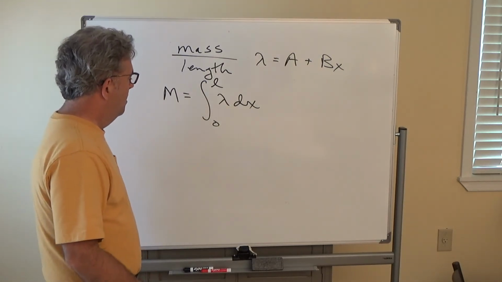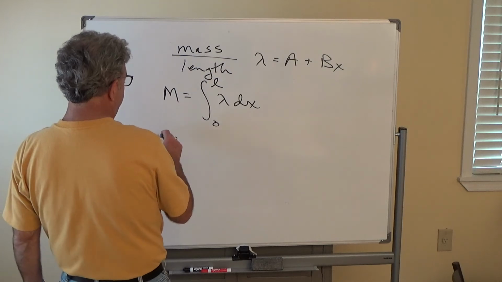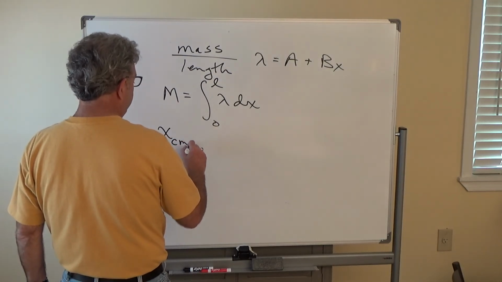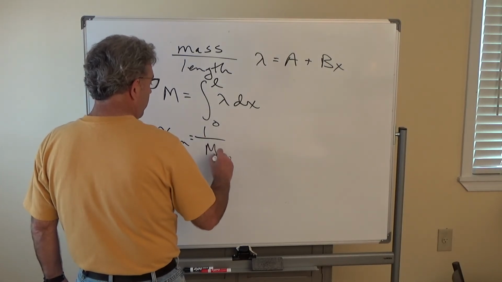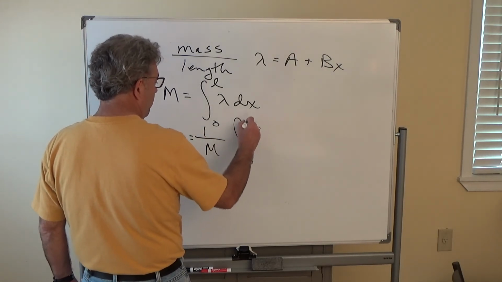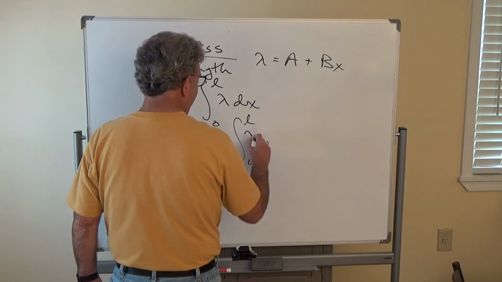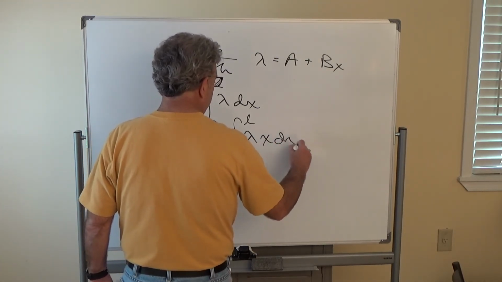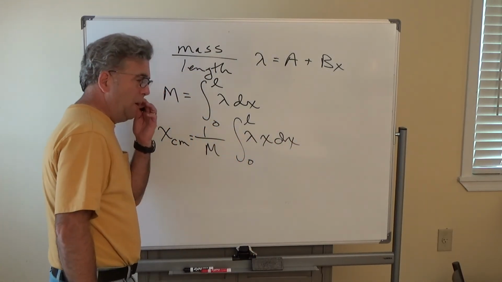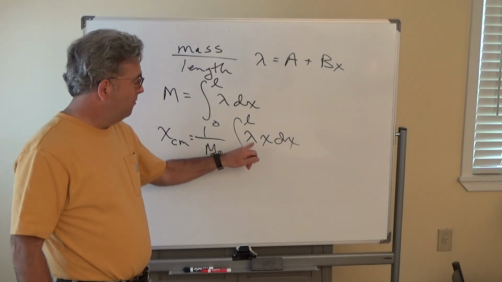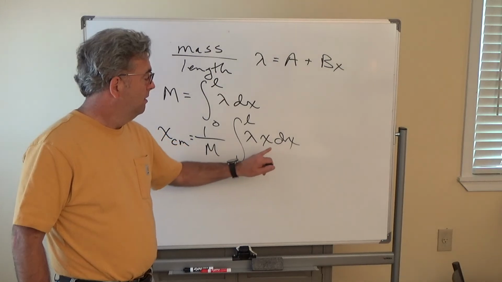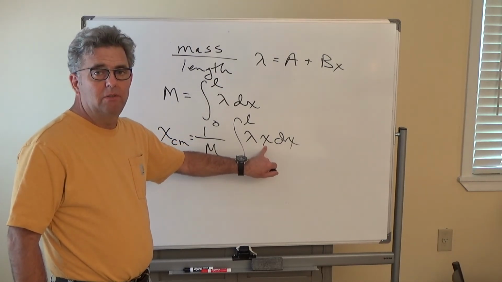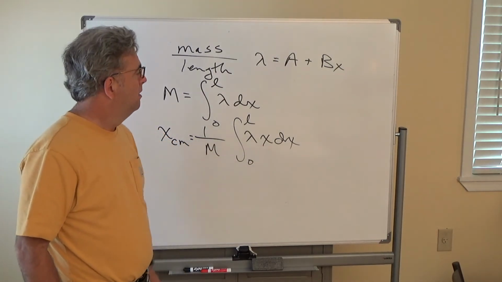Okay? Then for the center of mass, X center of mass, where we had the summation before, you now have an integral, 0 to L of lambda x dx. Okay? You have to have the little bit of mass, which is lambda dx, and the position x.